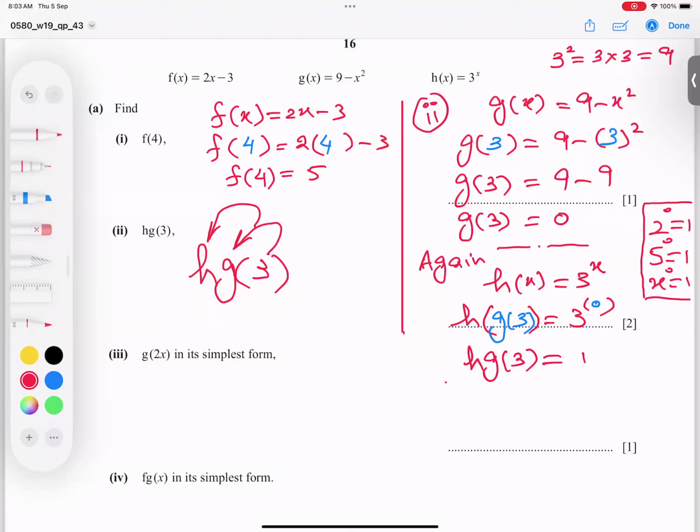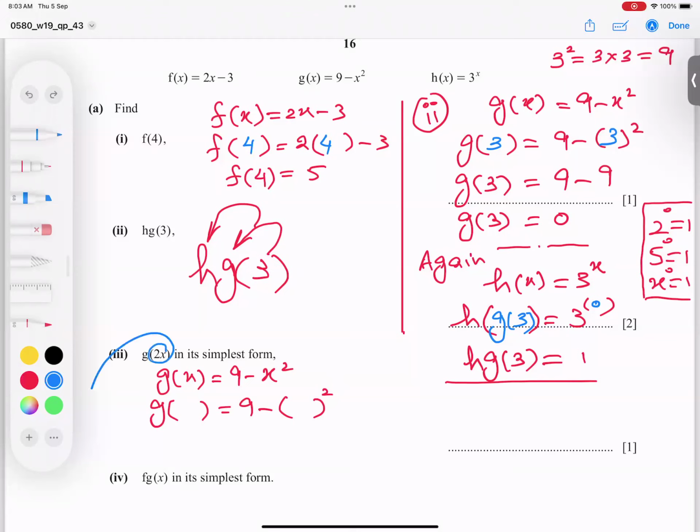So this is done. Let's talk about part number 3, g of 2x. He said simplest form, so I must copy the function of g number 1. Done. Then how many x's on the left side and right side? I leave empty spaces, but make sure this power 2 must be there.